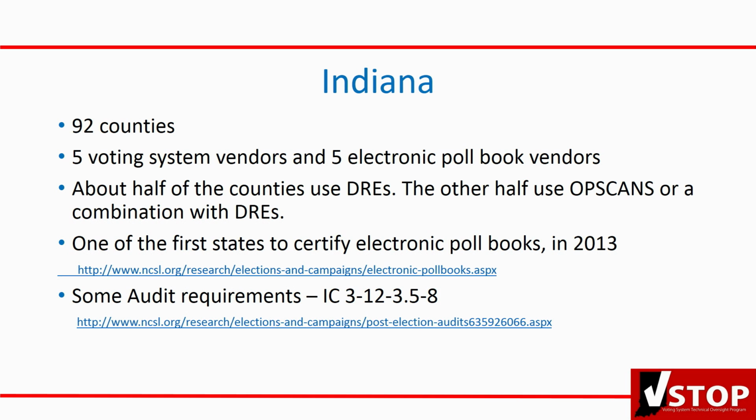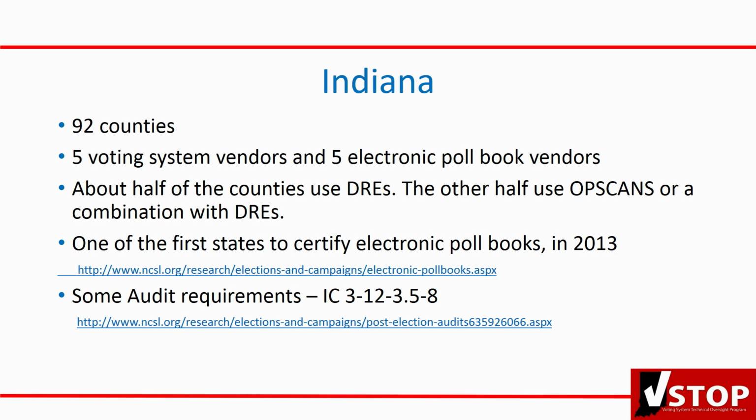And also, there are some audit requirements in Indiana, but Indiana is not among those 30 states that were mentioned this morning, and again on the NCSL site, you could find some more details. But recently, there have been some audit requirements.